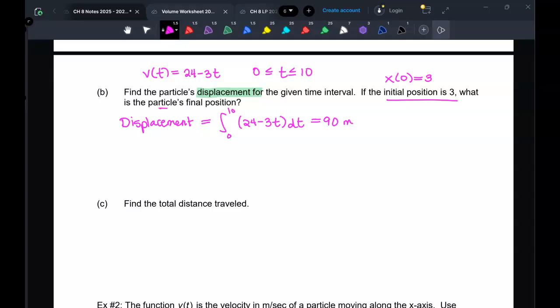So if I want to find x of 10, right, this is using our initial plus our displacement. Our given position was 3 plus 90. So 93 meters. Good.